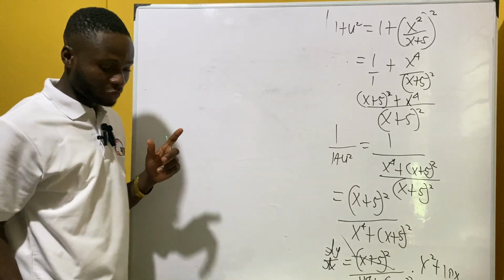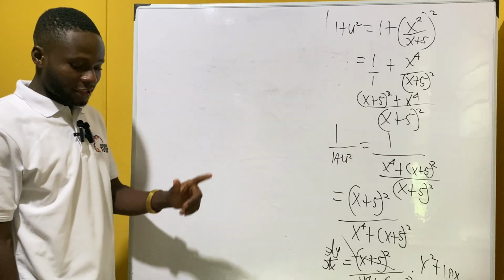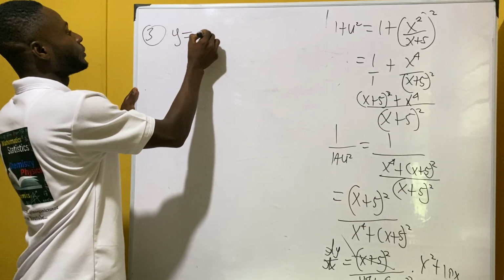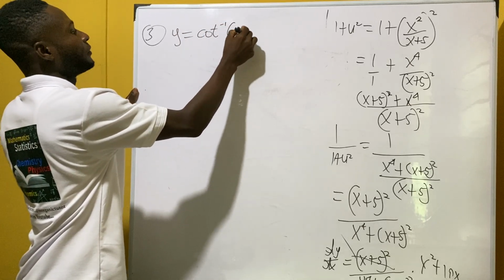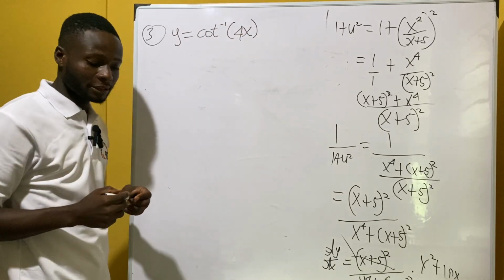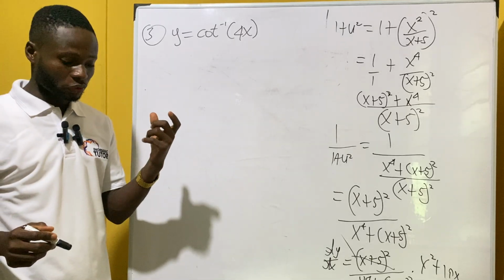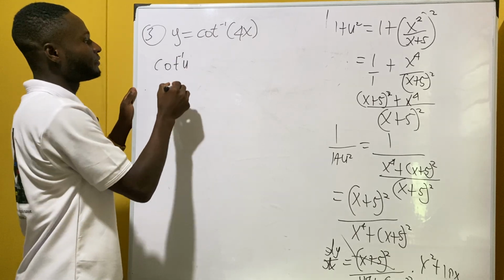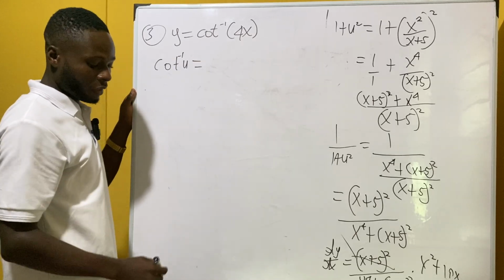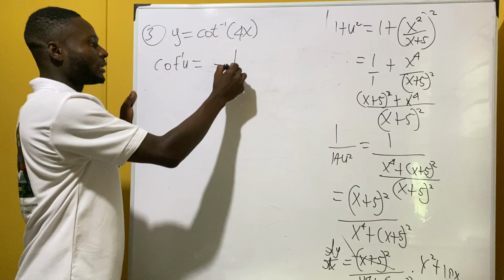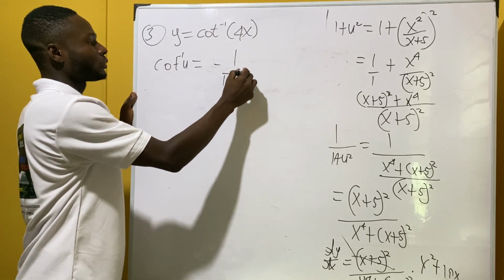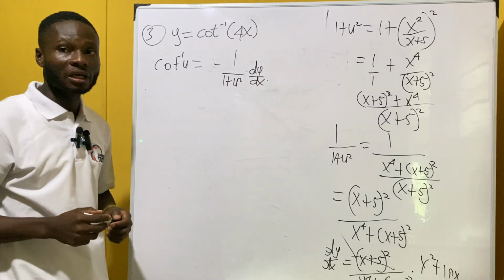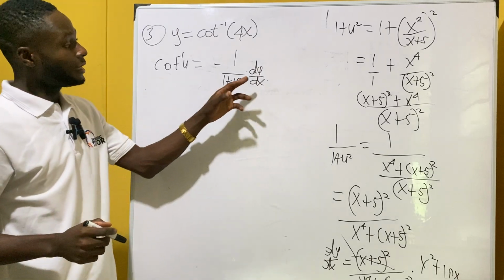So our next problem is going to be cot inverse of 4x, right? So y is equal to cot inverse of 4x. And we all know the formula for cot inverse of u, which is equal to negative 1 over 1 plus u squared times du dx.